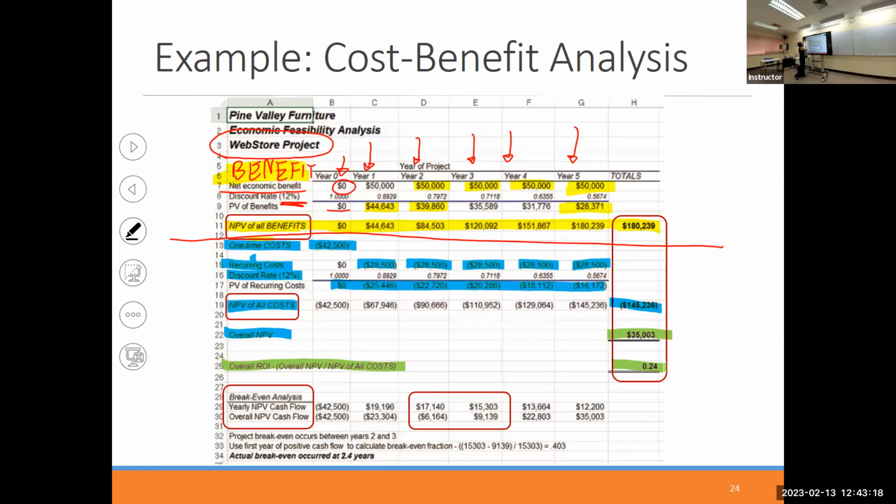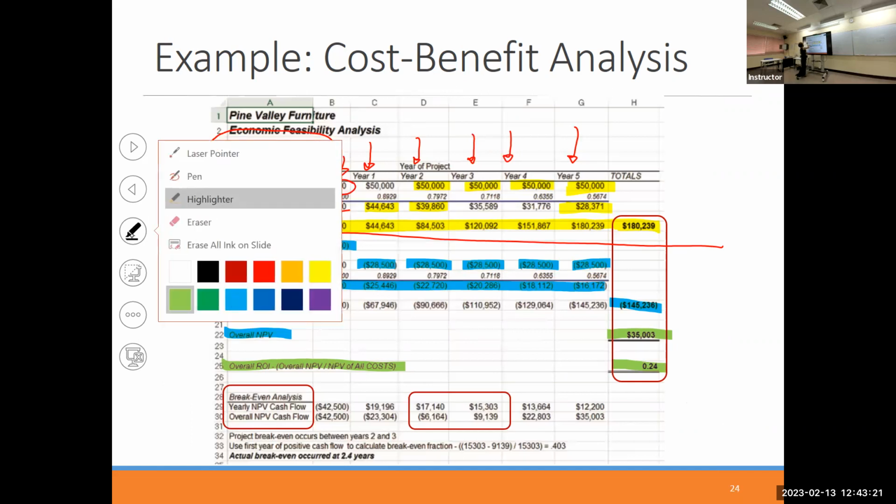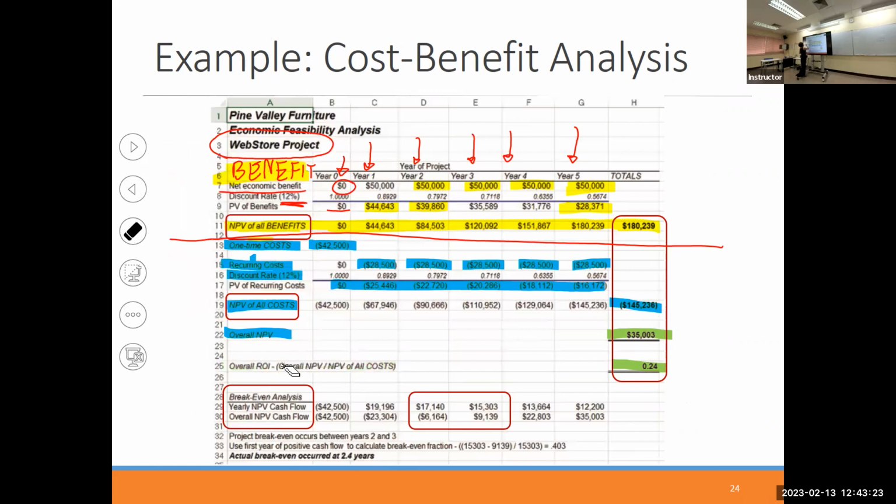So look at this. Return on investment is computed as overall NPV, meaning the gain, the profit you gain, divided by the NPV of all costs. How much have you paid and how much have you earned in total gain, profit?